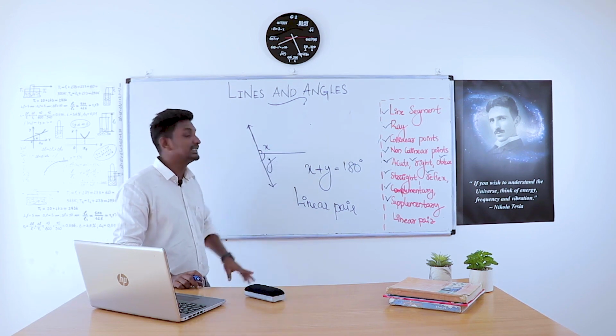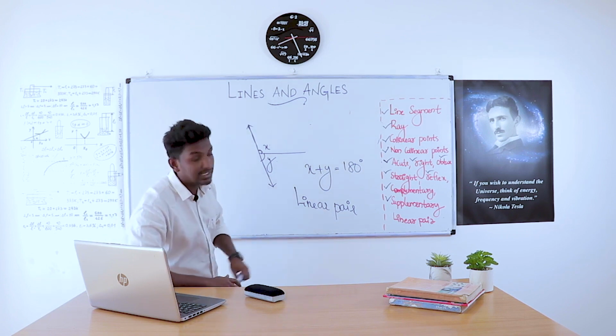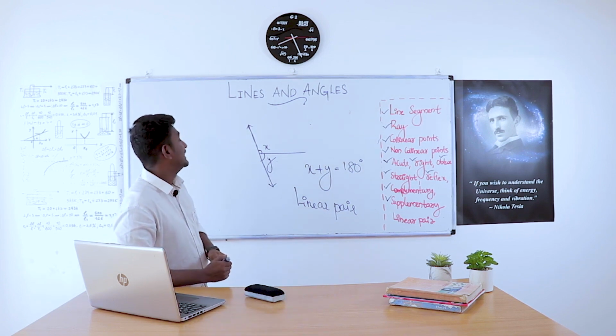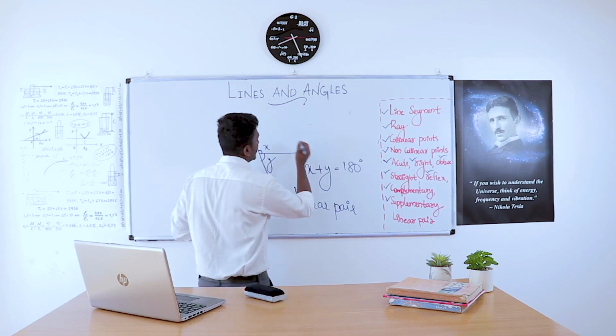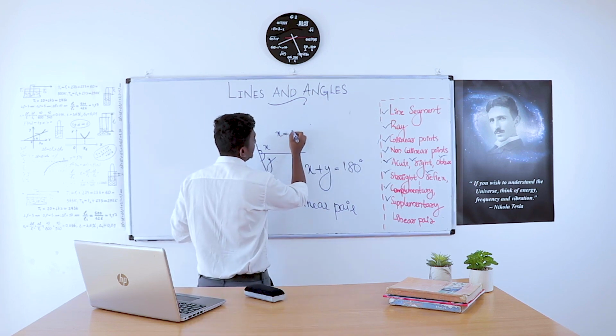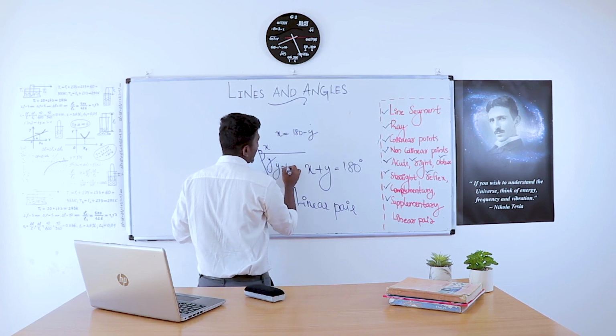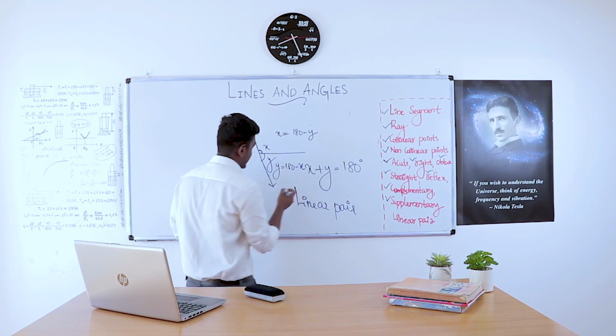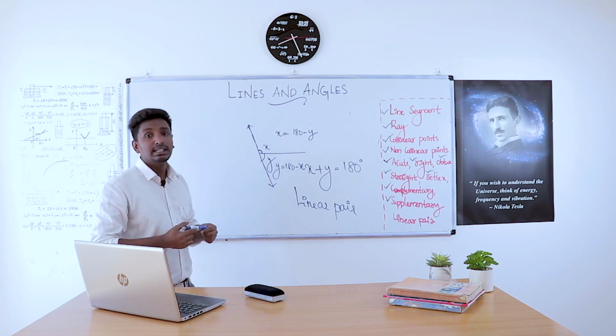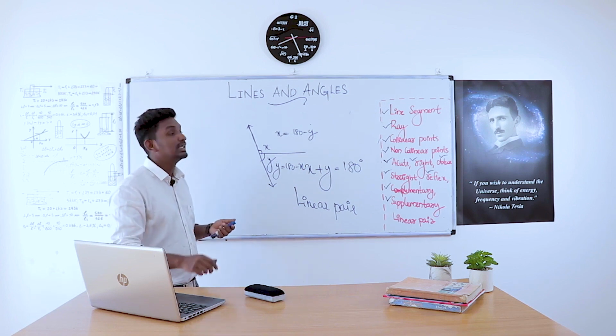Here x plus y is equal to 180 degrees. Therefore, we can say that x and y are a linear pair. So x plus y is equal to 180 degrees. Therefore, x can be written as 180 minus y, or y can be written as 180 minus x. This is what is called a linear pair.